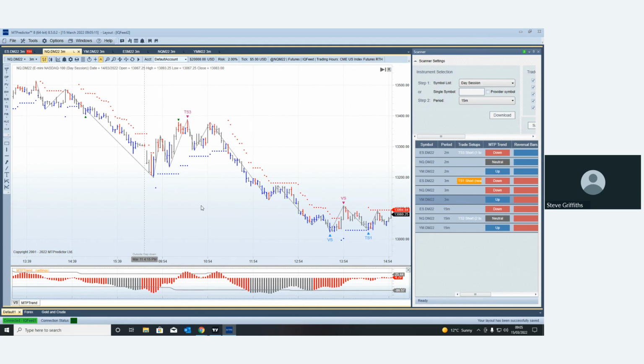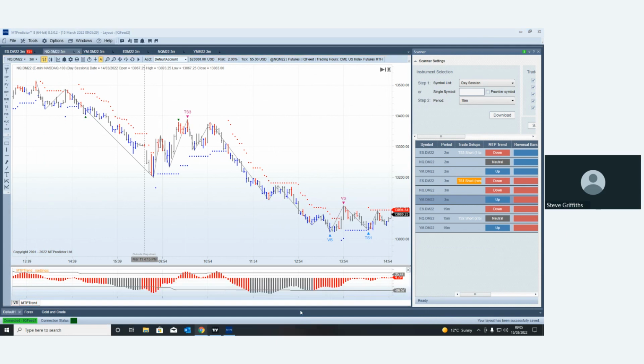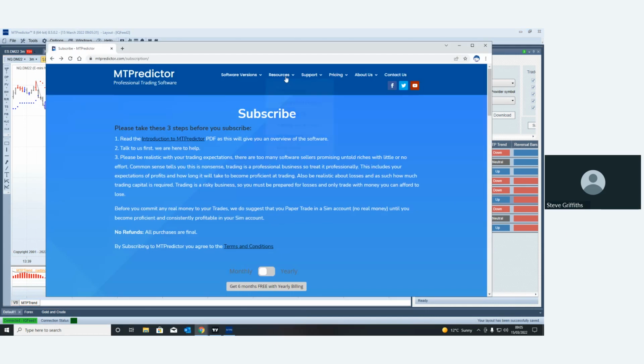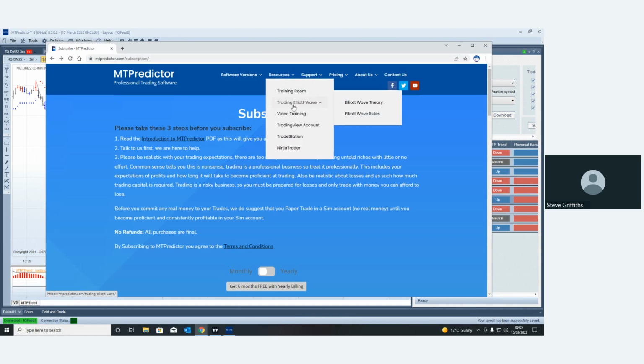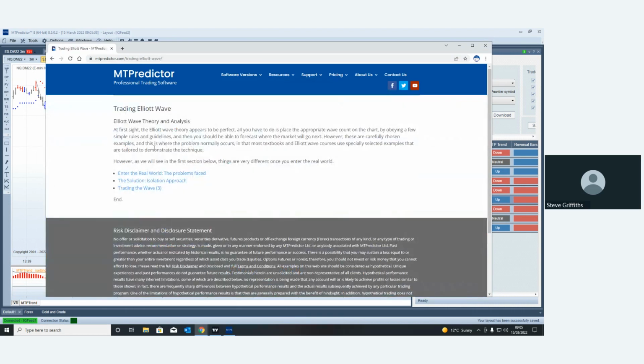So I looked at Elliott wave patterns, but it soon became apparent that Elliott wave in theory was great, but in practice wasn't, because what happened is the markets broke down. They broke down because the markets go random. And this is why I developed my unique isolation approach to Elliott wave. If you want some more background information on that, if you go to our resources tab, if you come down to trading Elliott wave, here there's a bit of background on the problems faced with Elliott wave analysis.